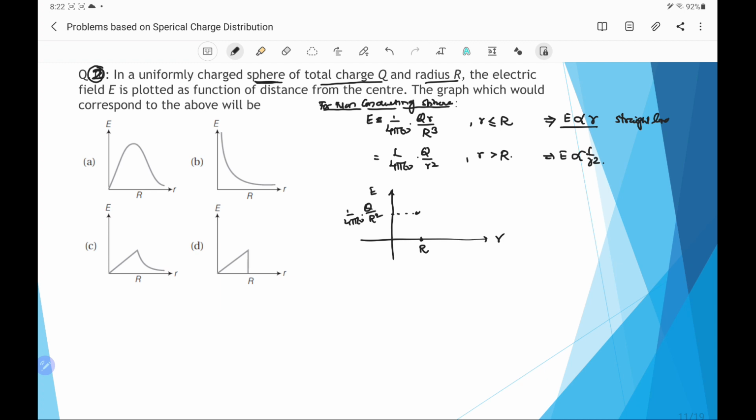Now the graph will be as per the question. This is for E proportional to r for r less than or equal to capital R, and after that it decreases as per E proportional to 1 by r square. So now we compare this graph. The option C is the correct option.